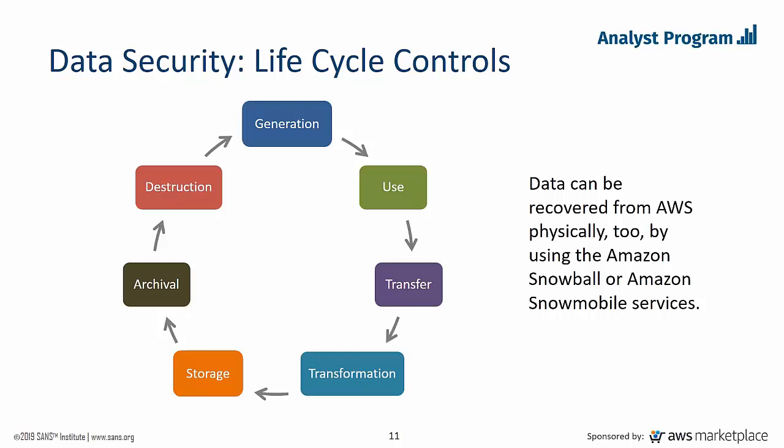So I look at this and say, all right, generation of data, that's more governance. The use of data, that's partially a factor of the shared responsibility model. So you're using data, you're transferring data, you're potentially transforming your data. Those three pieces really come back to how you're relying on the cloud provider to maintain the infrastructure.